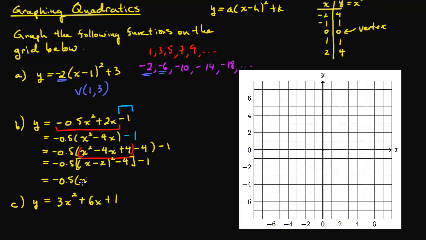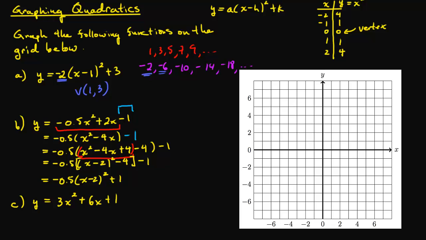So I've got negative 0.5 times x minus 2 squared, and then plus 2 minus 1. I'm just distributing negative 0.5 into the square brackets, and I'm not going to expand x minus 2 squared. Negative 0.5 times negative 4 is positive 2, and positive 2 minus 1 is positive 1. So now this is written in vertex form, and we can use it to graph this equation.